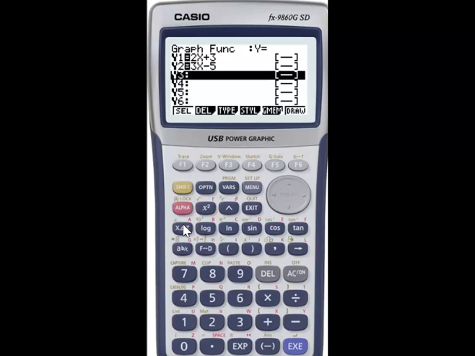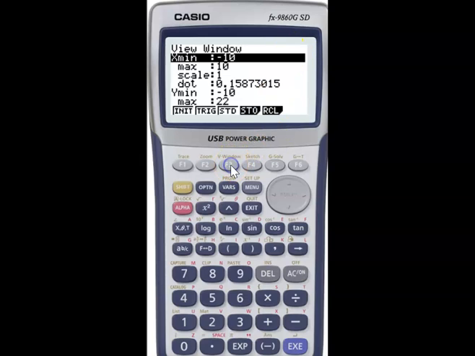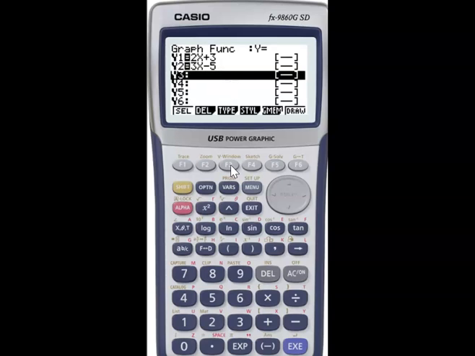Now, if I put them in as two separate graphs and I draw them, I can tell that they intersect at a point. I'm going to have to alter my view window again. Let's go from 0 to 20 in x.